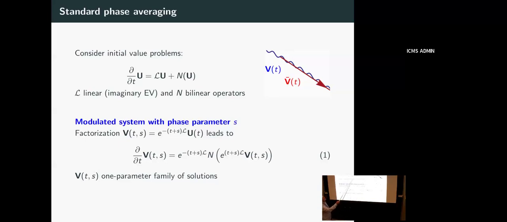But when you go to the modulated system, you now finally see some kind of average slow manifold, and on top of it, the fast oscillations. So this is a little picture of why we want to do this.